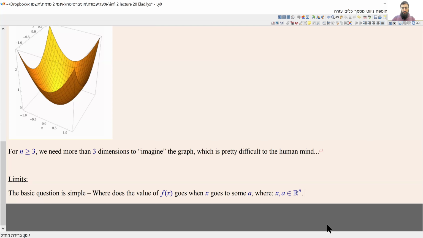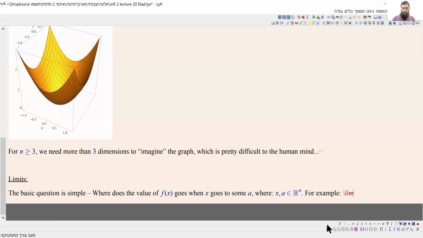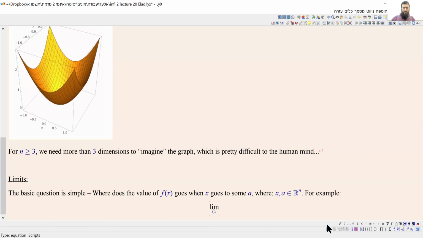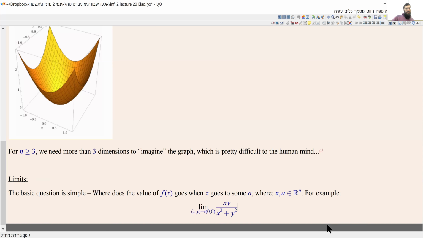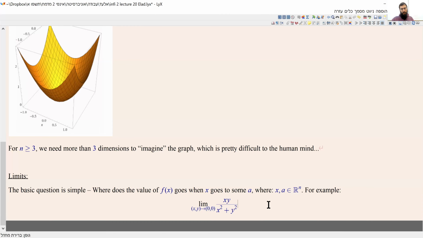For example, what is the limit as x and y go to (0,0) of the function x multiplied by y over x squared plus y squared? Does it exist? Does it not? Here the x is actually (x, y), because it's a vector, and the a is (0,0).